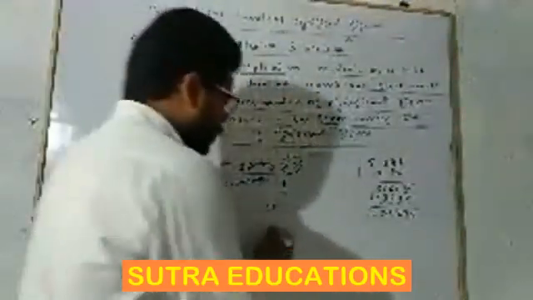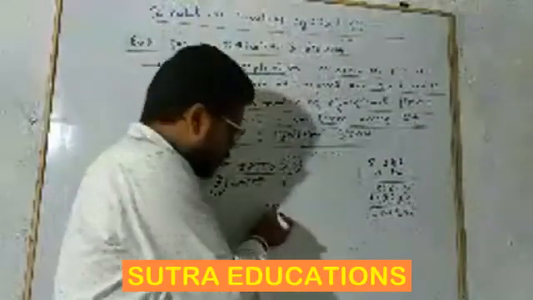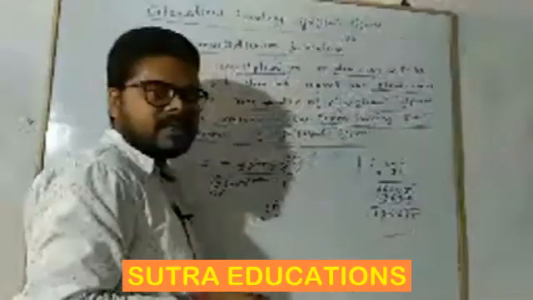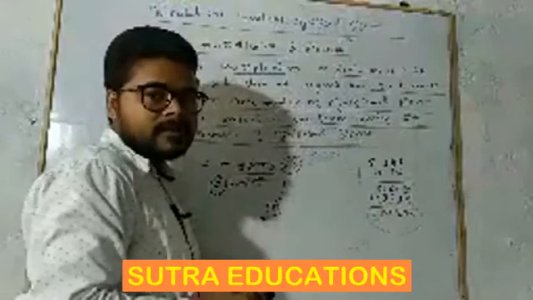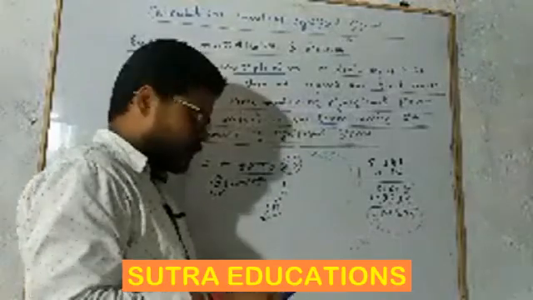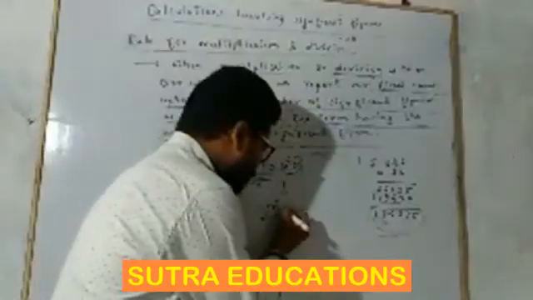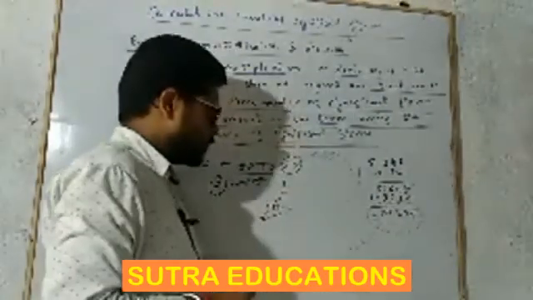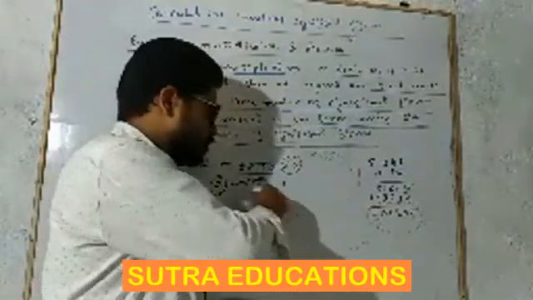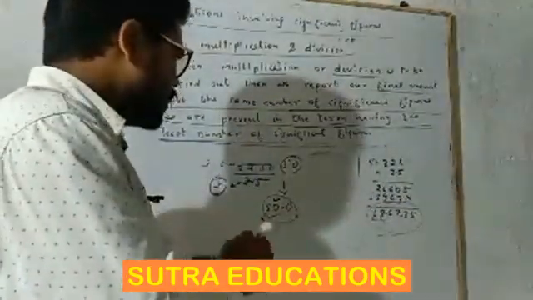In 50 we can say only one significant figure is present. The 5 is significant, but this 0 is insignificant. So to make the answer have 2 significant figures, we write 50. with a decimal point, or 50.0 as our answer. Here 2 significant figures are present.